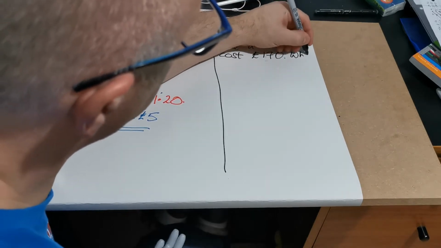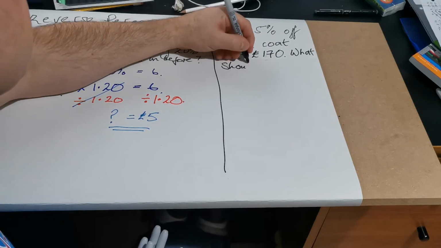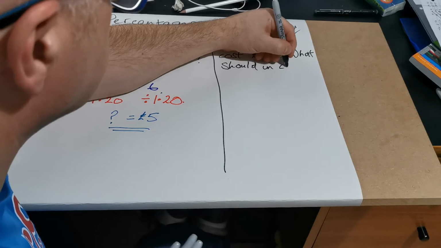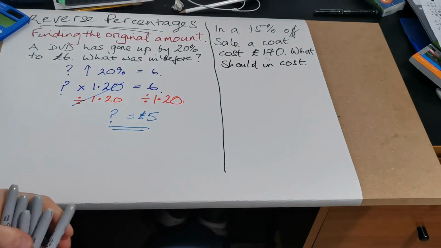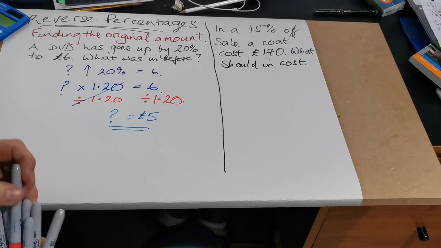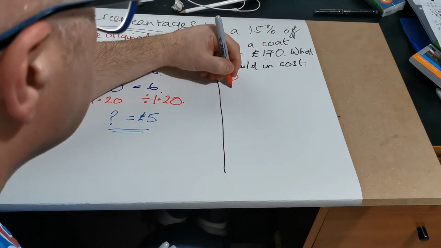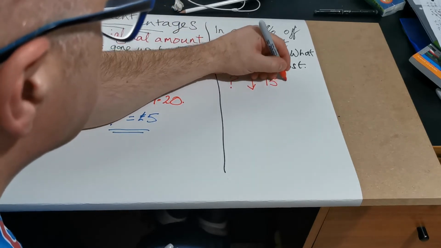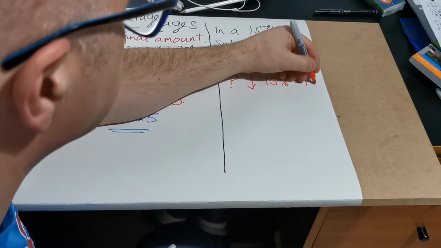What should it cost? So it's not in the sale. What should it cost? So slightly different question here because the original amount has gone down by 15%. And that's going to give me 170.